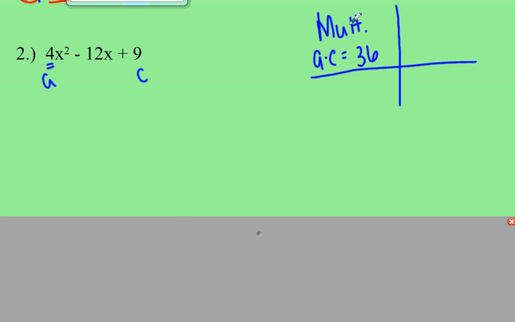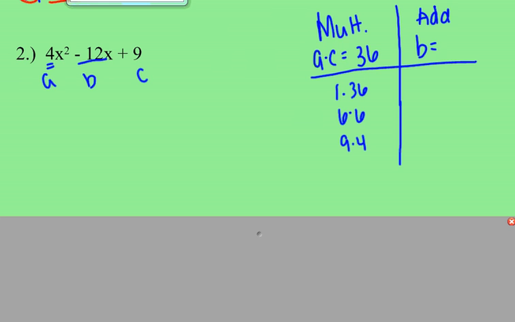So I'm going to be listing some factors of 36, such as 1 times 36, 6 times 6, 9 times 4, and there are others, but we'll start with these 3. As I test these factors, I want to see if any of them will add up to my middle value.